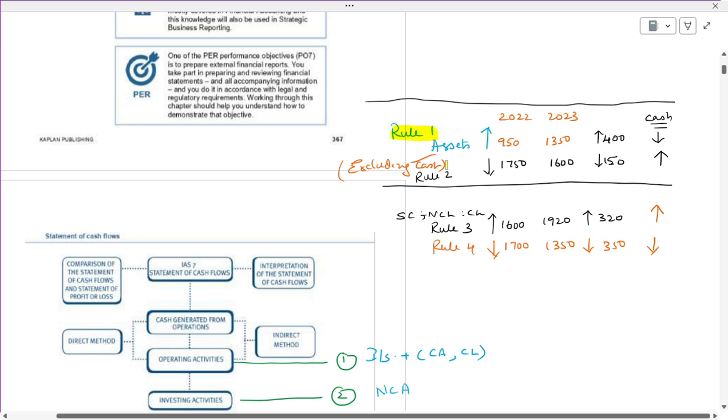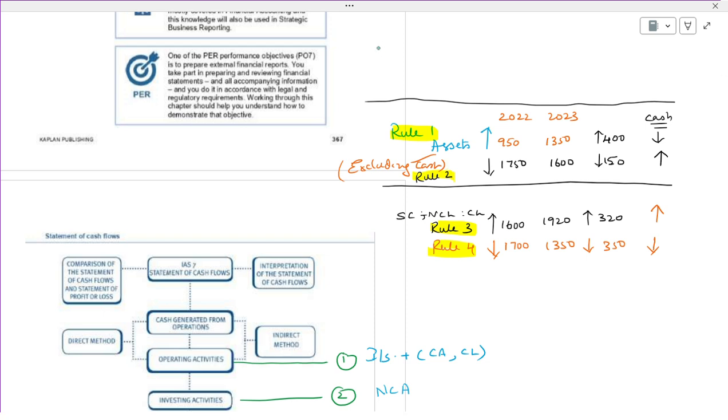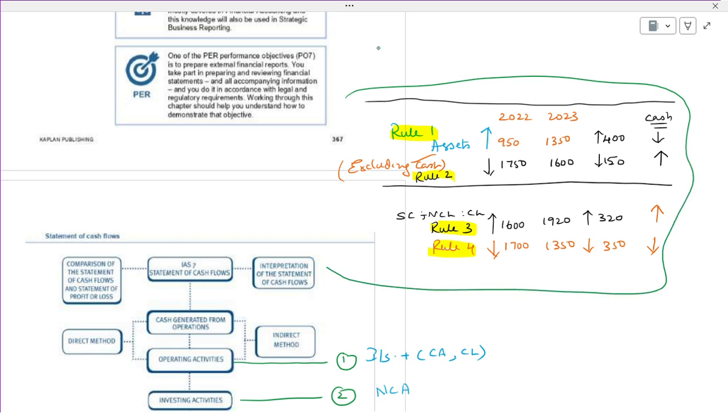Understand, remember these rules. Rule 1, Rule 2, Rule 3, Rule 4. This is the complete, I can say this is 90% of this chapter. We have to know what happens to cash in the end.